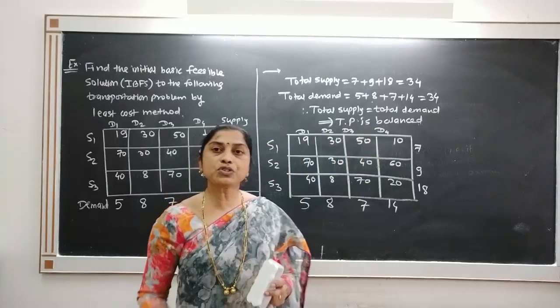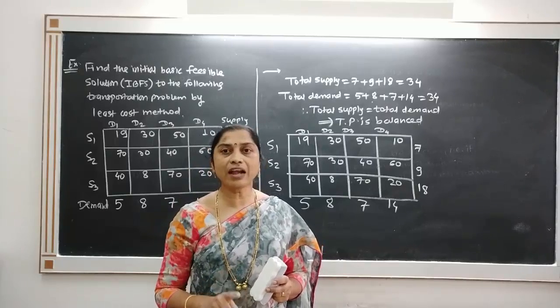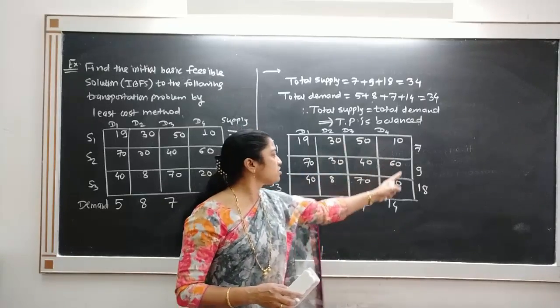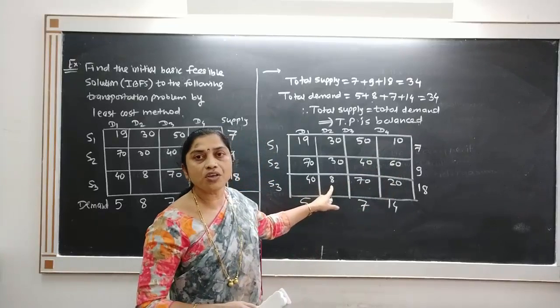Now we have to start with the lowest cost in that table. The lowest cost is 8.